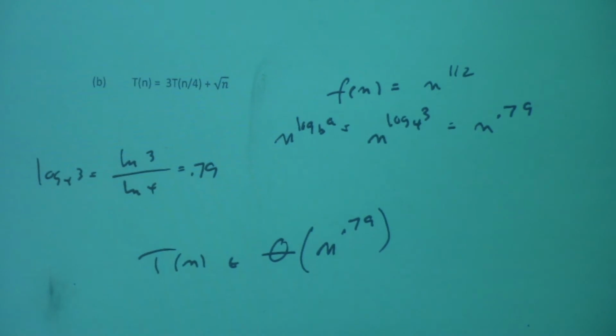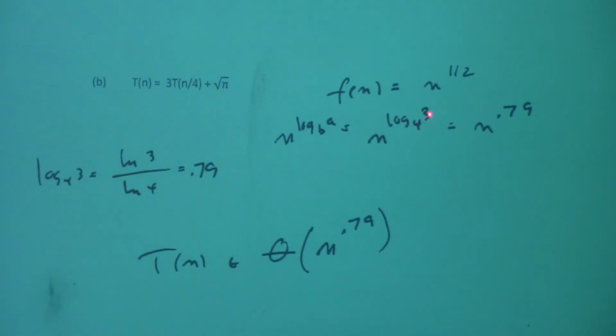4 to the first power is 4. It's too high, so it has to be less than 1. The actual number ends up being about 0.79. You can get that on a calculator. And log to the base 4 of 3 can be rewritten using change of base. How do you change the base from log 4 to natural log?